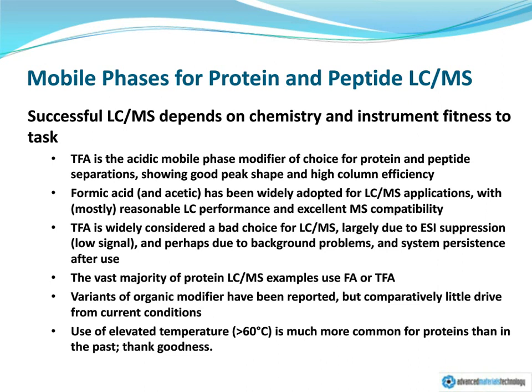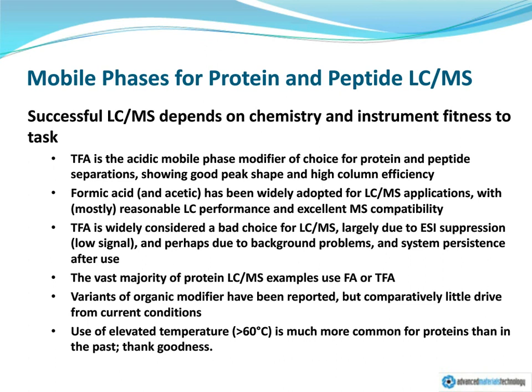Formic acid, to a lesser extent acetic acid, by comparison has been the most widely adopted for LC-MS applications, as you can get reasonable LC performance, and formic acid and acetic acid, small organic acids, are highly compatible with mass spectroscopic detection.